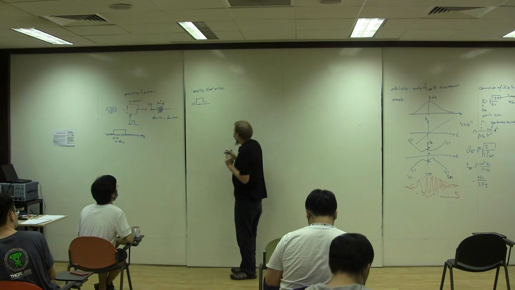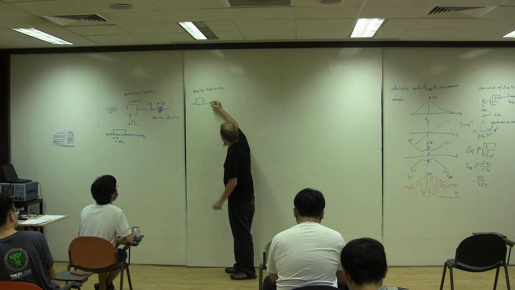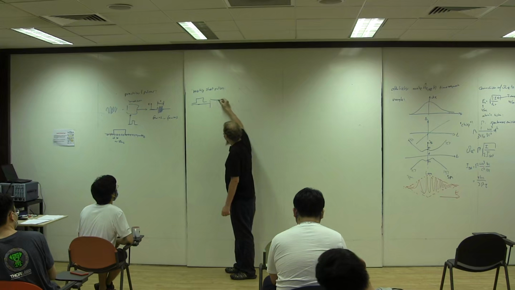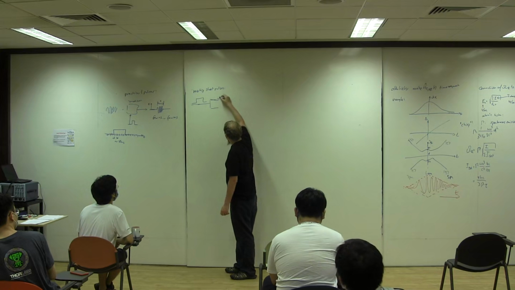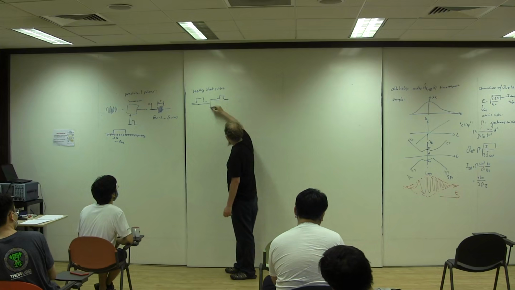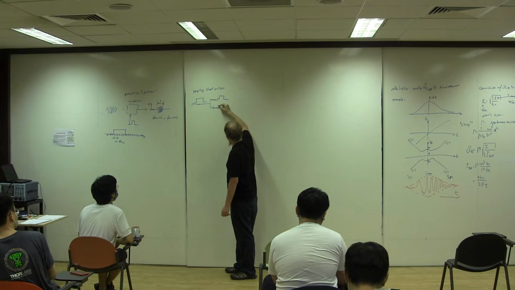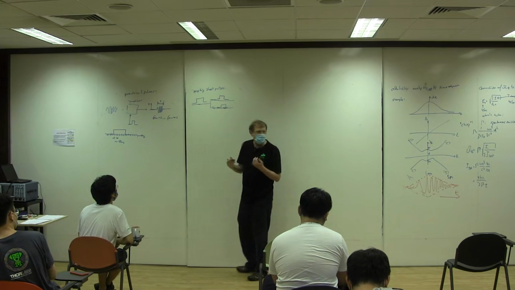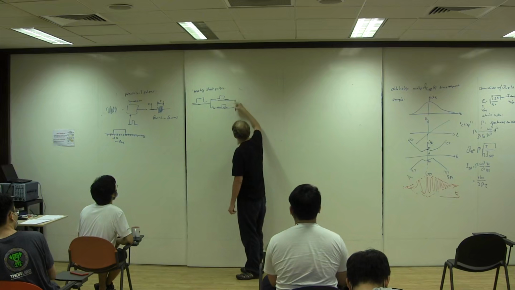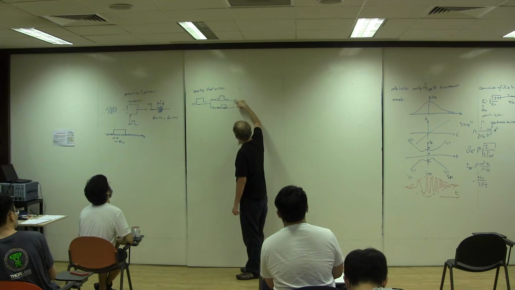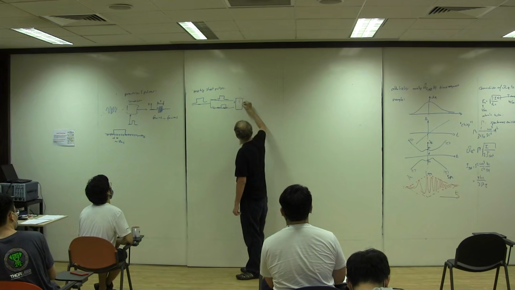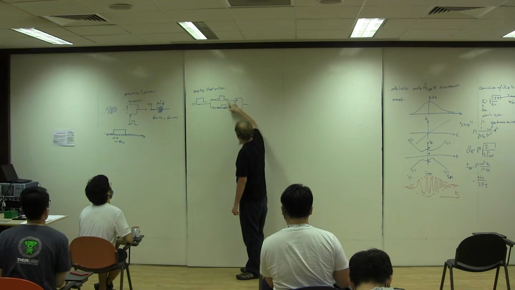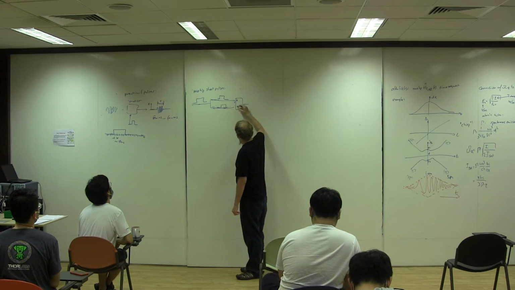Then you can play games. You have a pulse, and you make 2 copies of this pulse, and delay one by something such that it arrives a bit later. Then you just do some logical combination of these 2. You would like to get an operation where you get a pulse out when A is on and B is not on yet.